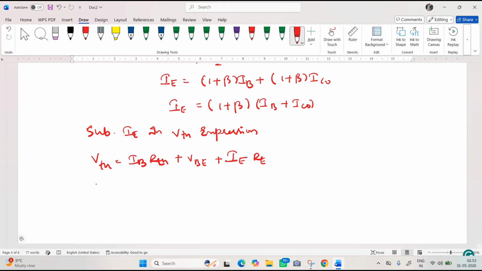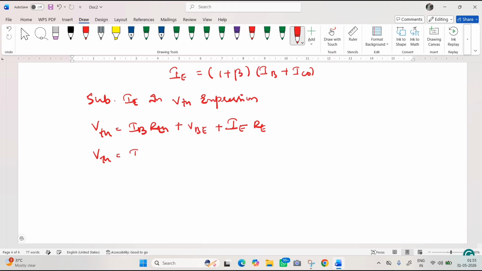That is what we are doing here. VThevenin will be equal to IB RThevenin plus VBE plus, in place of IE, I can write 1 plus beta times IB plus ICO, times RE, right? This is what we can write here. Again, what you do, just try to multiply these two parameters into this one.